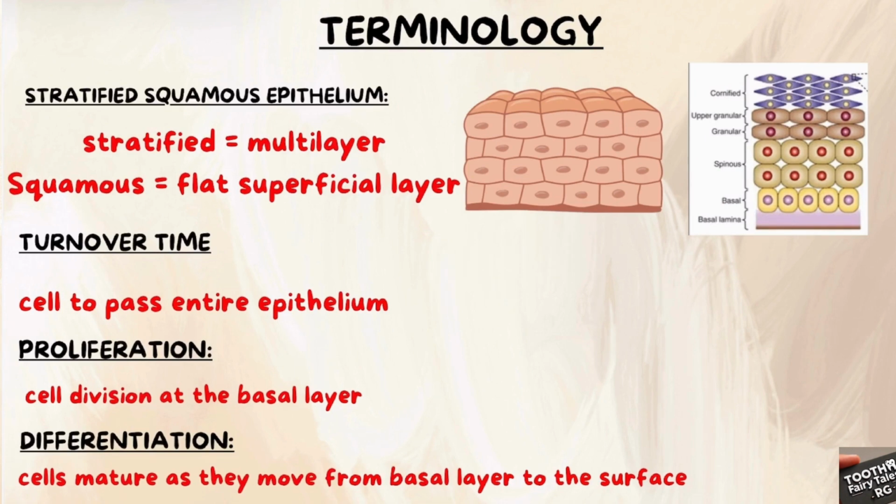Now let us see how the cells grow and multiply in this epithelium. The bottom layer of the gingival epithelium is close to the basal lamina, this layer. So this layer has some specialized cells which are known as stem cells.